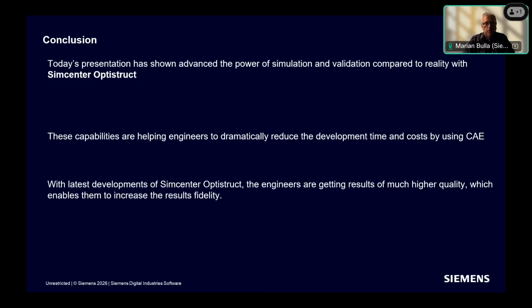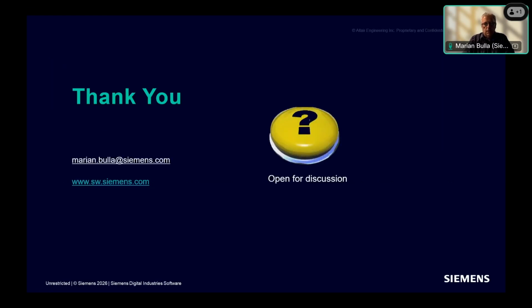And with the latest developments of Simcenter Radioss, the engineers are getting results in much higher quality, which enables them to increase the results fidelity. And last but not least, AI and machine learning tools help the engineers to drastically reduce the development time. And with that, I would like to thank you for your time and your attention.